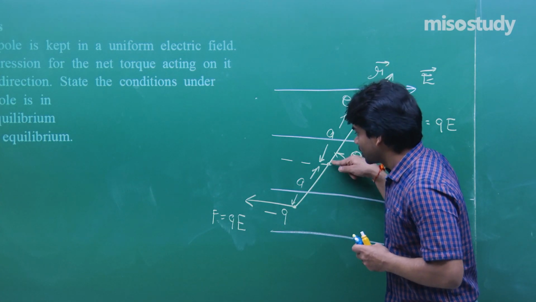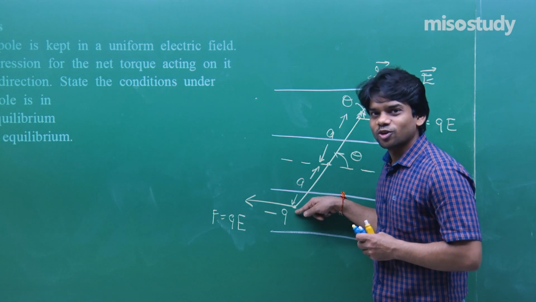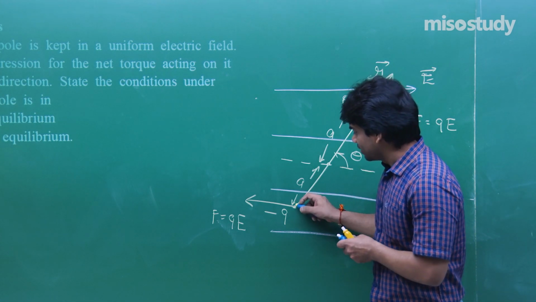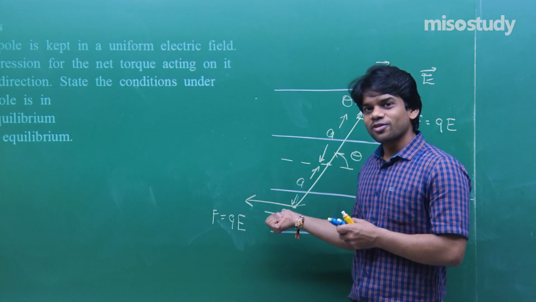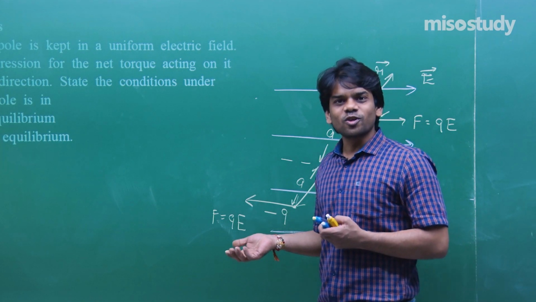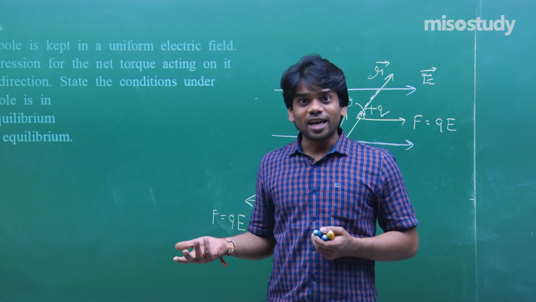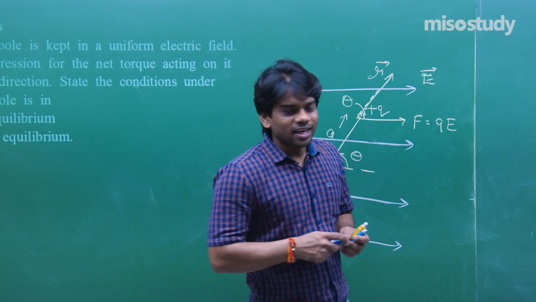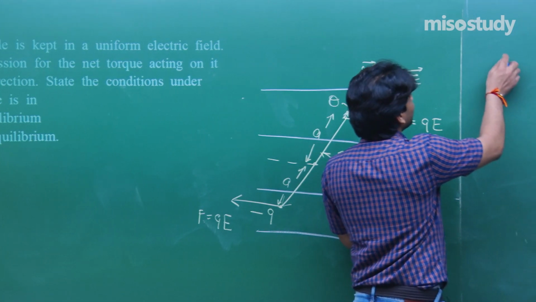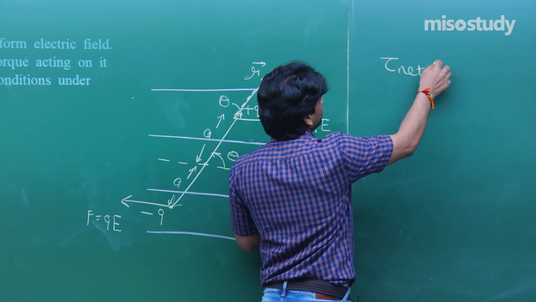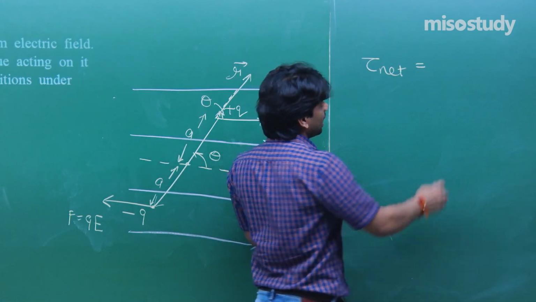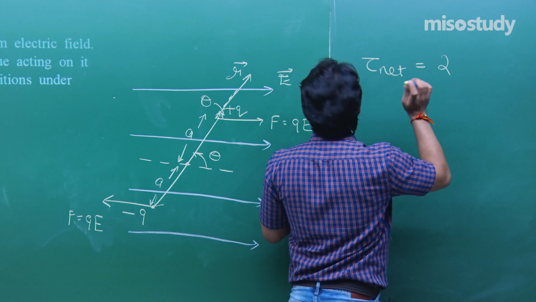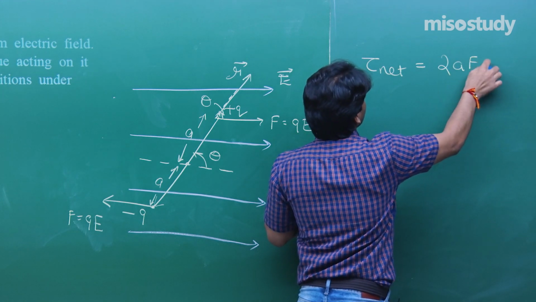R will be the vector from the center to the point of application of force. So I am showing R cross F, both senses of torque along the same sense. You can directly add R cross F, that will give you RF sine theta plus RF sine theta. So the net torque, with R as A, is 2AF.